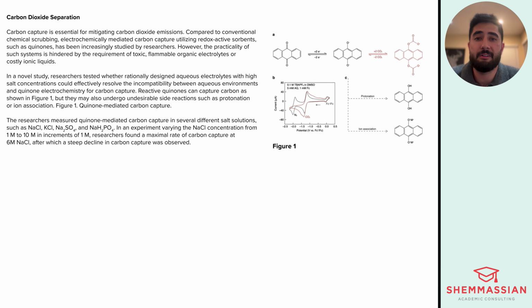We have range from 1 molarity to 10 molarity. We're going in increments of 1 molarity, and there's a maximal rate of carbon capture at this value, which is 6 molarity of NaCl. Afterwards, there's a decline. And so again, this is valuable because if there's a math question or a question asking me specifically about NaCl or certain types of salt solutions, I know exactly what paragraph it's referring to.